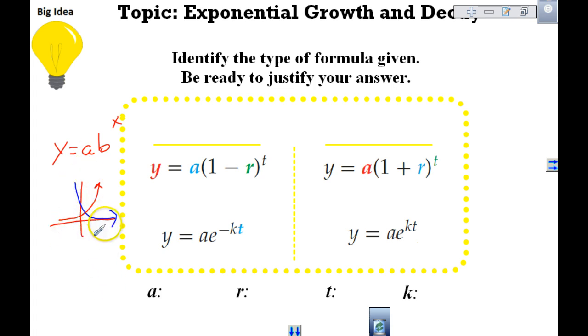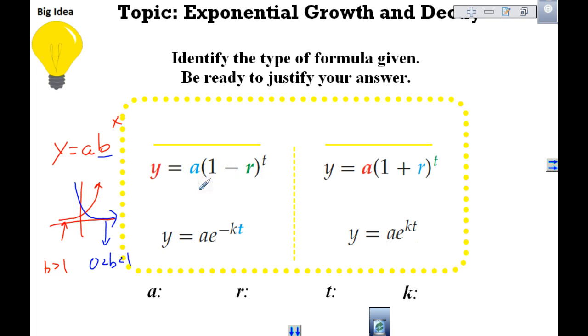Growth or decay was associated with a b value. Decay had a b value between 0 and 1, and for growth, the b value was bigger than 1. Looking at these two, you can see 1 minus r, and the trick is to notice that decay is anything below 1, and 1 minus any number is going to be below 1.